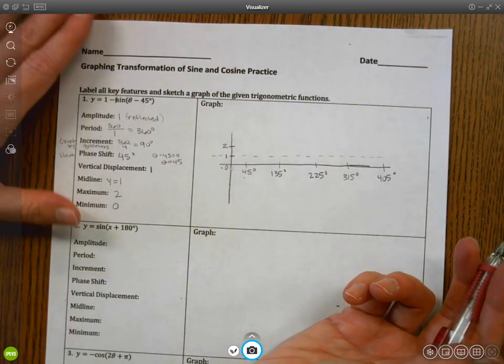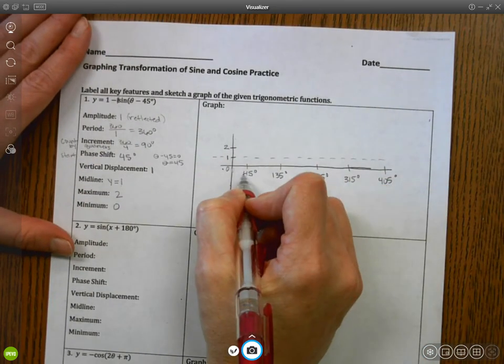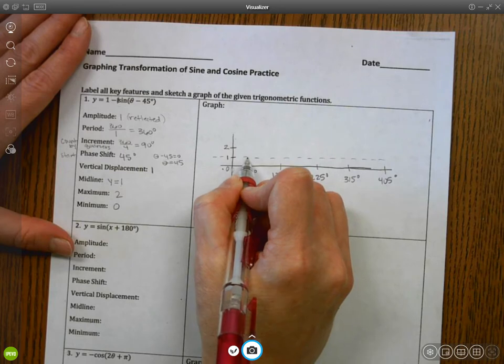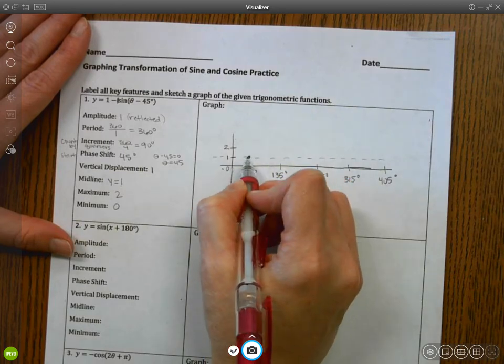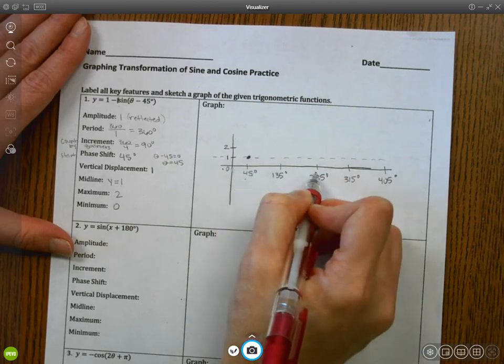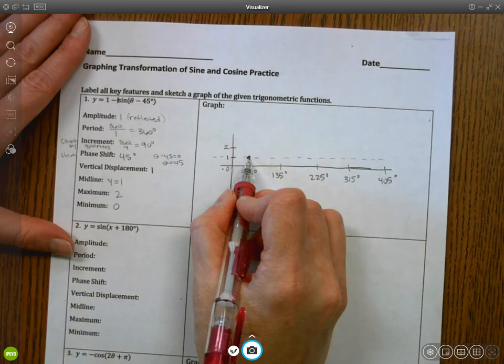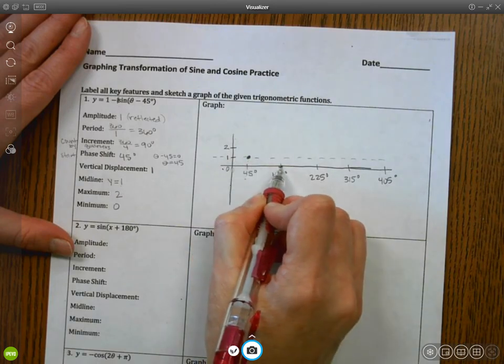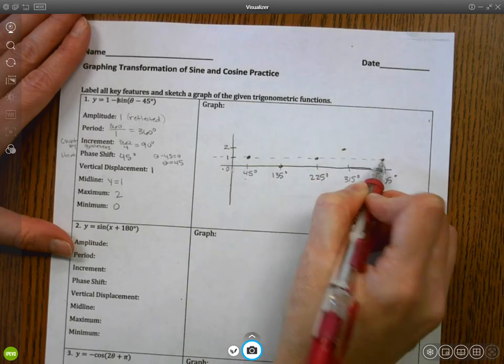This is a sine graph. Sine starts at 0. So our 0 has moved up to 1 because of our vertical displacement. Normally with sine, we would go up and back to 0, down and back to 0. But because we're reflected, we're going to go down and then to 0 and then up and then to 0.